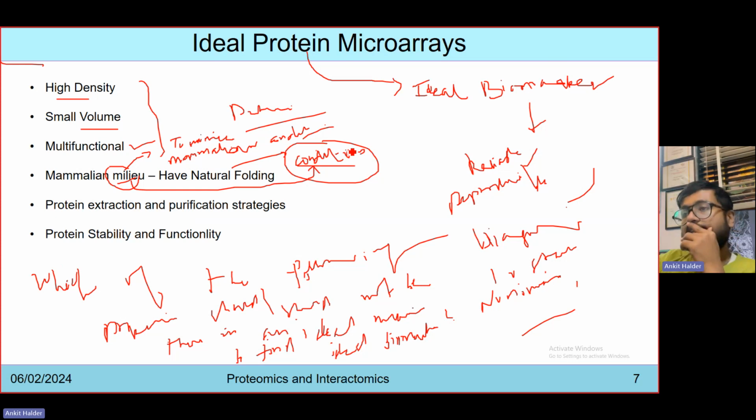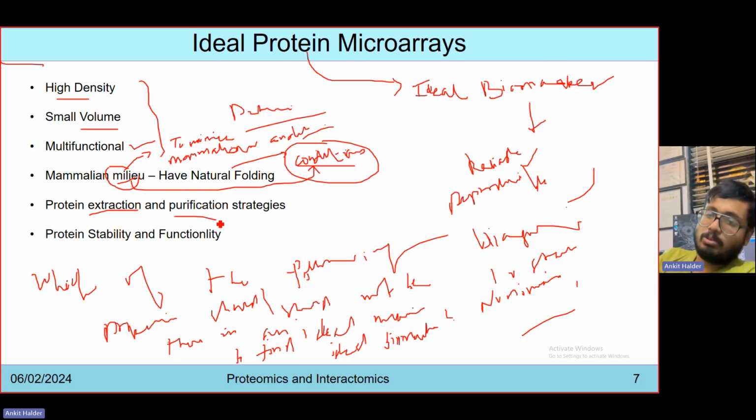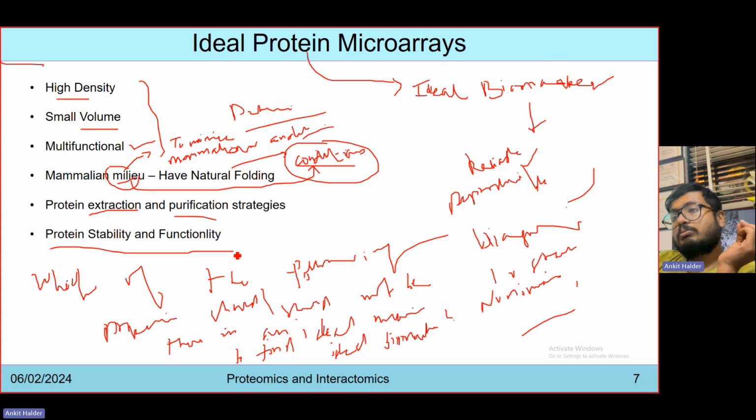Next is the protein extraction and purification strategies. This is a major challenge whenever we use a cell-based system to first express the protein, then extract and purify it. Then what about protein stability and functionality? How much can proteins be stable and remain functional? This is very important for us to understand.